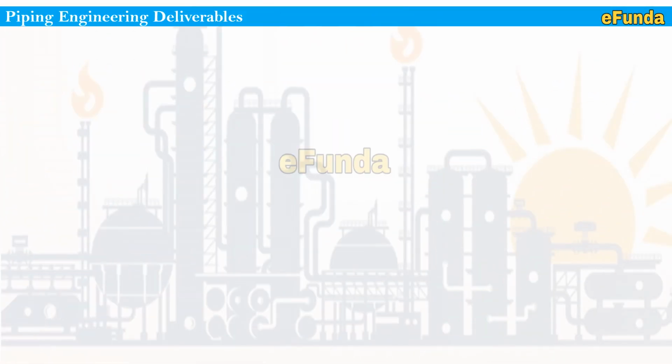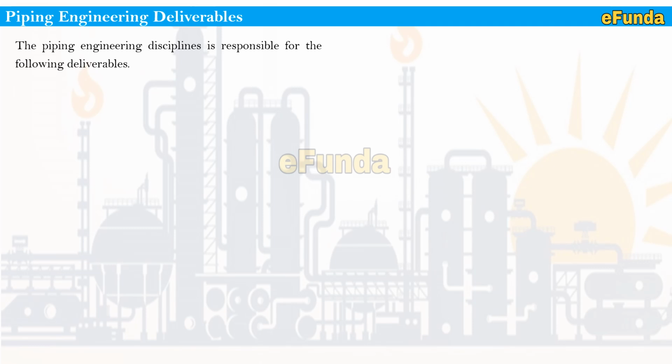Piping engineering deliverables. The piping engineering discipline is responsible for various types of deliverables which are listed below. Different organizations and different regions of the world may use alternative terminologies or prepare additional deliverables depending on the scale of the project, which are included in the brackets.